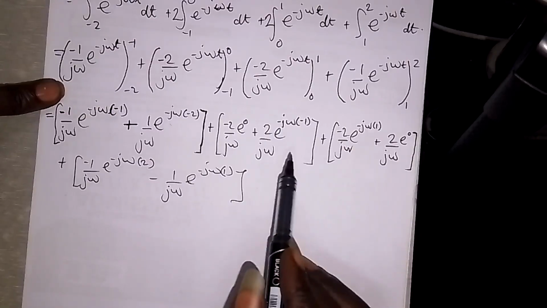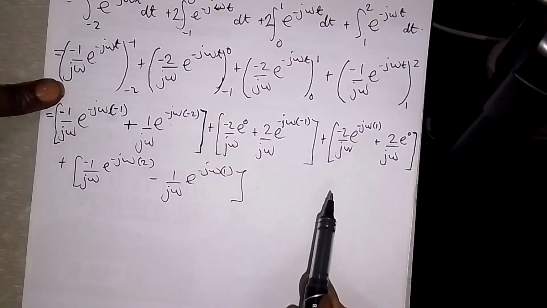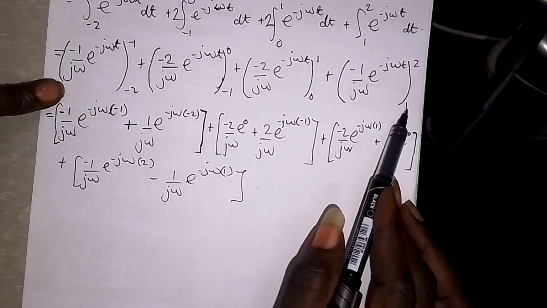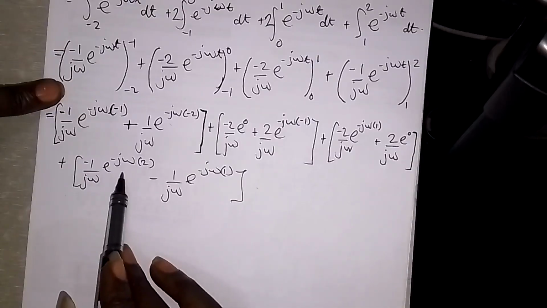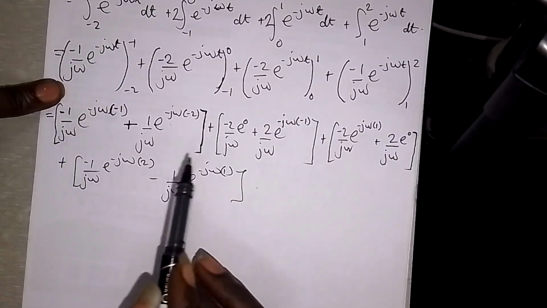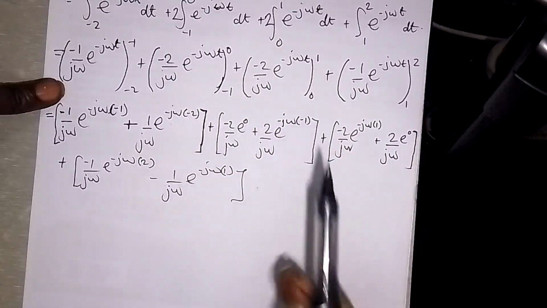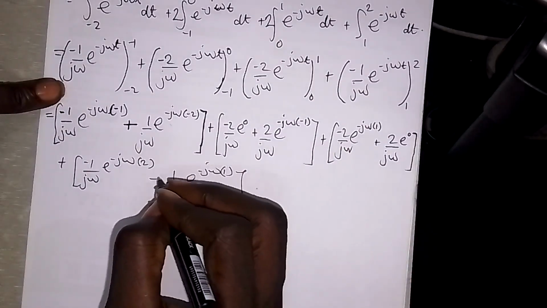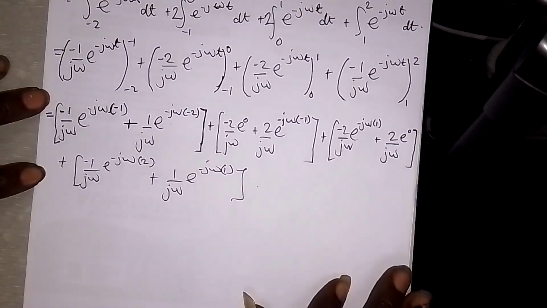Here, minus, so it will be plus. That's correct. Here it's going to be minus, so it will be plus. And again minus minus, so it will be plus.